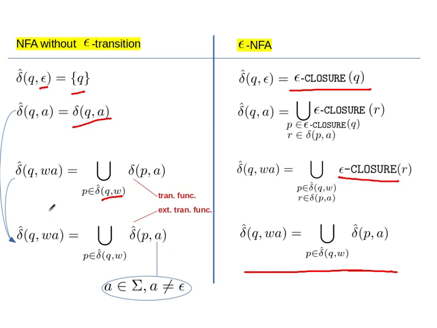For epsilon NFA, this equation works with A being epsilon also, but if you are just considering strings, you need not consider epsilon. We are just trying to define this for all possible strings, and it suffices to take a symbol here. So this equation is identical.